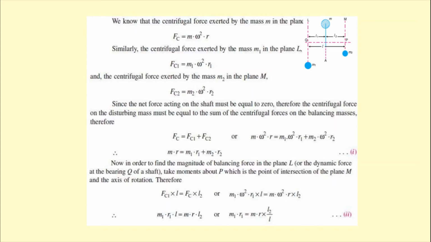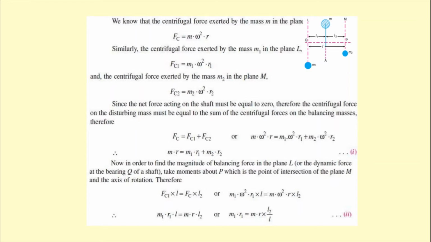Now if we place these masses in such a way that Fc equals Fc1 plus Fc2, because Fc1 and Fc2 are the counteracting, balancing forces that balance Fc, the disturbing force created by the disturbing mass with a particular radius of rotation, then we get equation 1: m omega square r equal to m1 omega square r1 plus m2 omega square r2, or after eliminating omega square, m r equal to m1 r1 plus m2 r2.